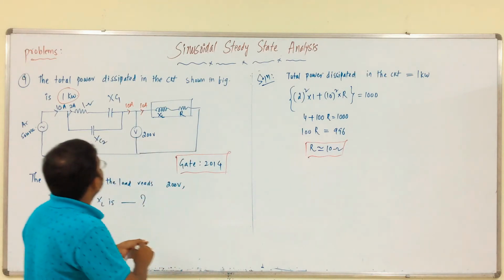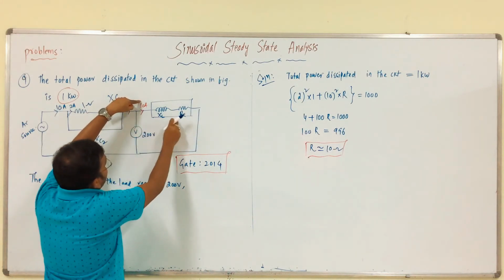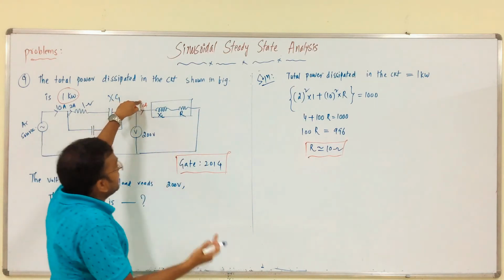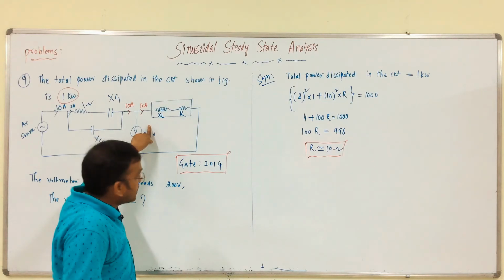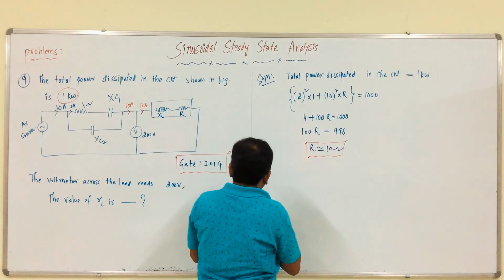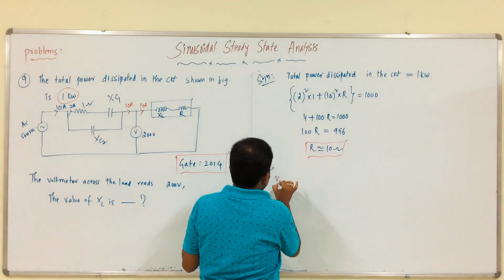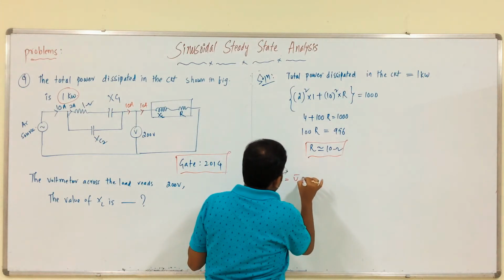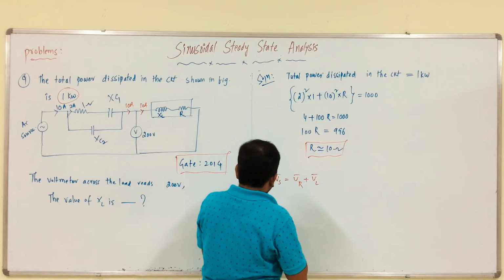Clear? Then see, across this branch we have 200 volts, the current through this branch is nothing but 10 amps. So we can assume this circuit as a series RL circuit. We all know that the magnitude of Vs is nothing but VR plus VL, right? So from this, Vs is nothing but 200.